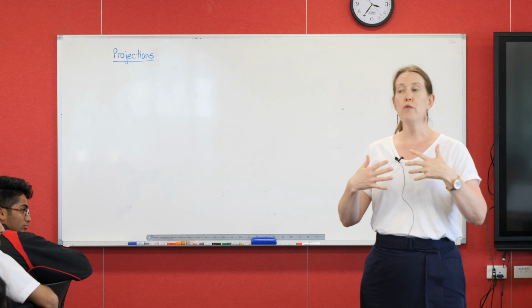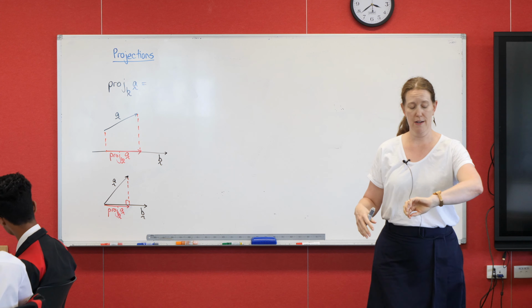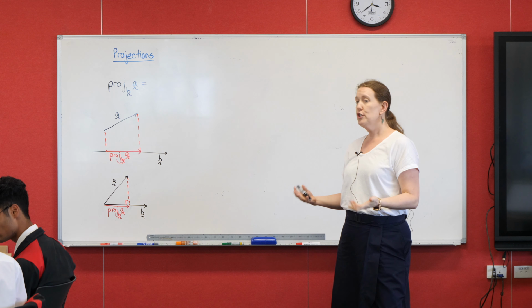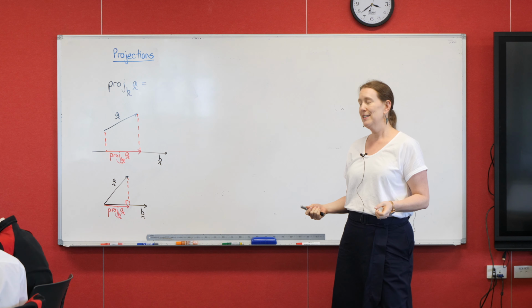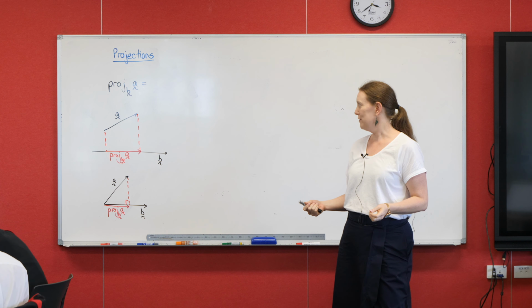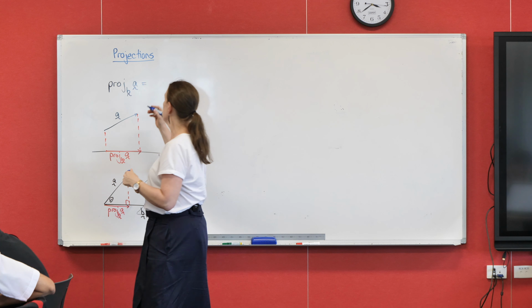Now, if we have this, I know we're in vector land, but vector land is based on our geometric understanding. So in our geometry world, good afternoon, Varshan, we know that we can actually work this out with this angle. We worked our way through to getting to this formula.